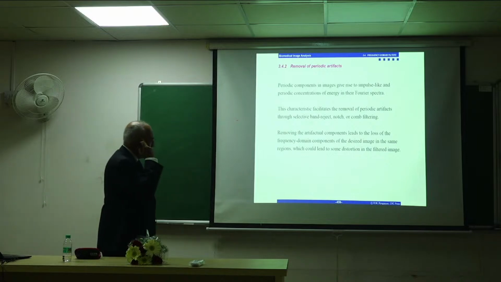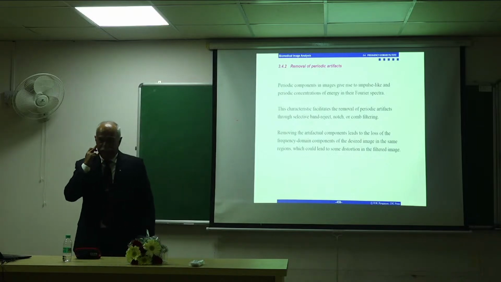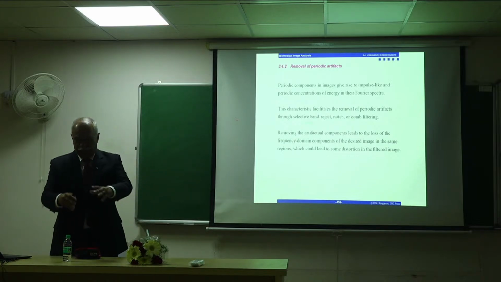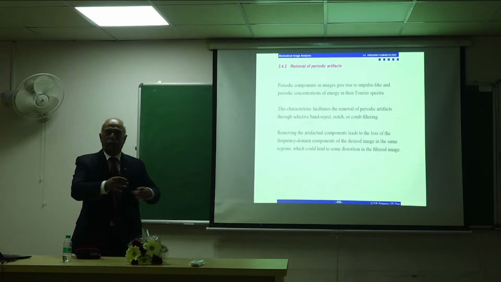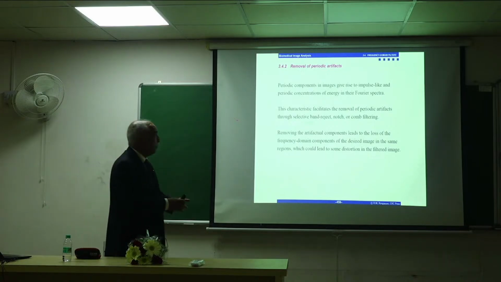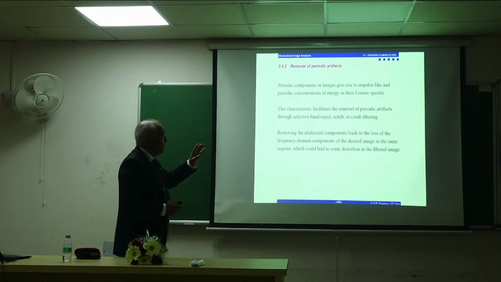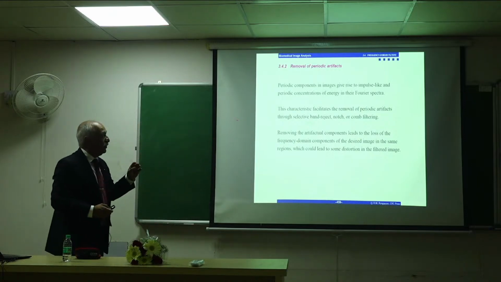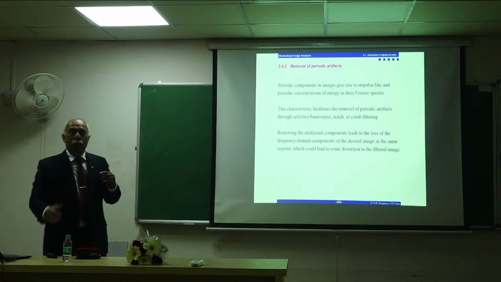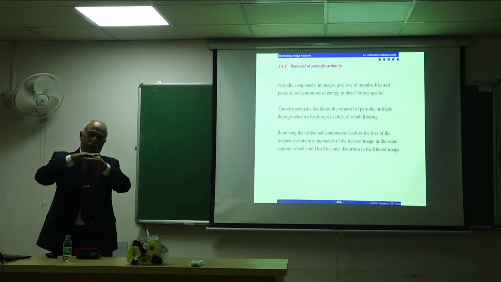There could be some periodic artifacts, sometimes with grid lines, as I mentioned. And if you have a picture that is drawn on some sort of a graph paper, then there are these vertical and horizontal lines. Periodic components give rise to impulse-like periodic concentrations of energy in the Fourier spectra. Periodicity means there is a pattern and it is repeated, and repetition is convolution with a delta function.